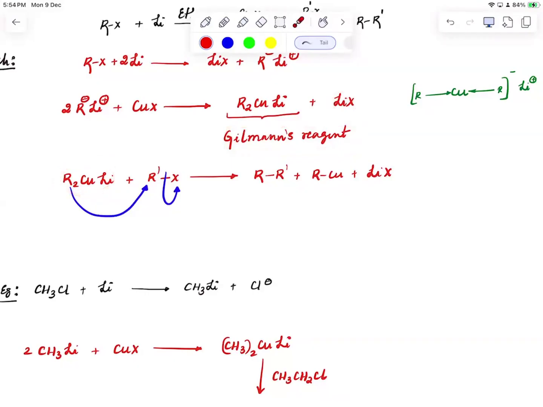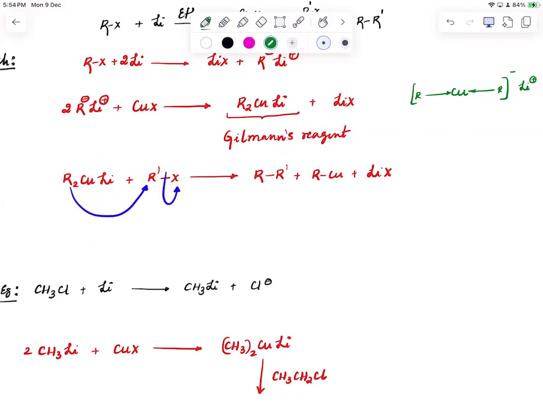Now, depending upon what you require, suppose I require some alkyl halide of a different kind. All you need to do is use the Gilman's reagent, and it will immediately attack. This R minus will go and attack here and remove that X minus. So that's how we'll get R-R' and RCuLiX. This is with one mole.